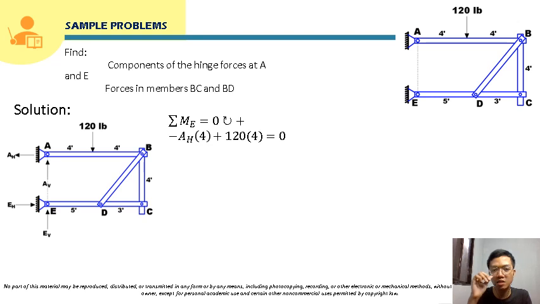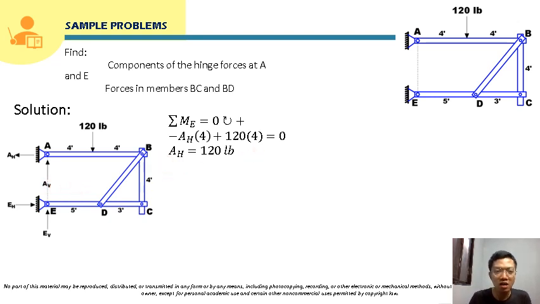So that will just be negative AH times its moment arm, which is 4, plus 120. The moment arm of the 120 to point E will also be 4. So AH will just be equal to 120 pounds. The answer is positive, meaning our assumption for AH is correct, directed to the left.